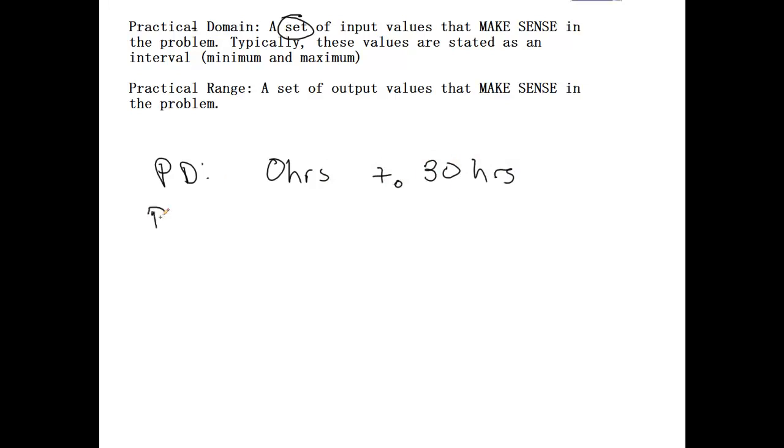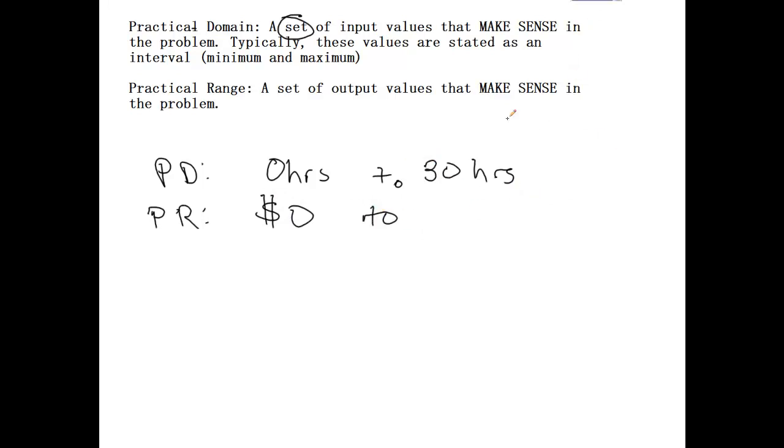And what would our practical range be? Well, our practical range would be a set of output values that make sense in the problem. So if I work 0 to 30 hours, what will my pay range between? If I work 0 hours, that's when I earn nothing. So I could potentially earn $0 up to, well, what would be the maximum pay I'd get?